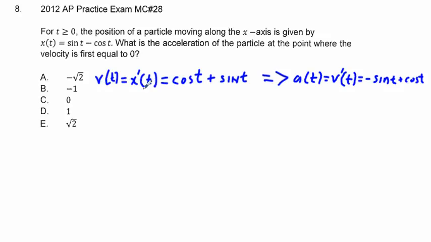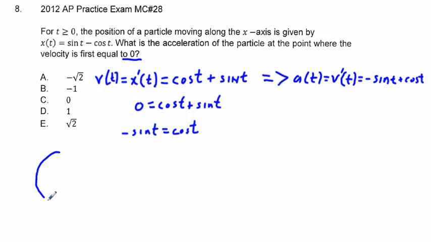Okay, now to find where the particle is at rest, we set 0 equal to cosine t plus sine t. To solve this, if we subtract sine t from both sides, we get negative sine t is equal to cosine t. And let's see where that first happens.